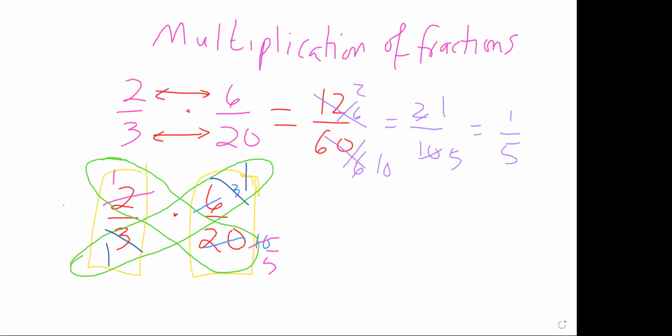So now on top, with the numerators, I've got 1 and 1 left. At the bottom, I've got 1 and 5. Now I can multiply across. 1 times 1 is 1, and 1 times 5 is 5. And you could see that brings me to the same thing.